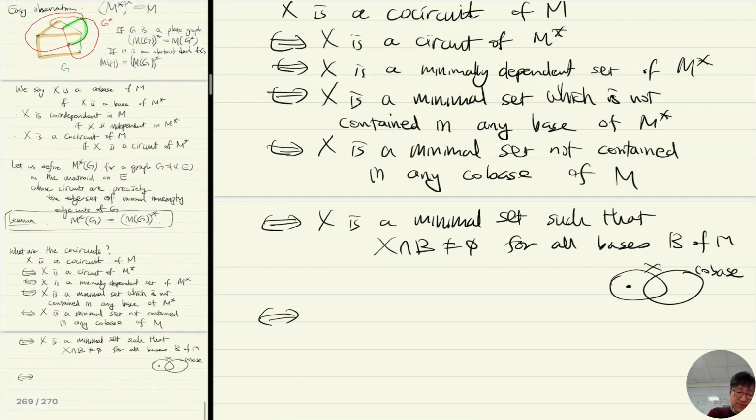Then what is it? Now maybe it's better to take a complement. So the complement of X is a maximal set such that something is true. So what is that?